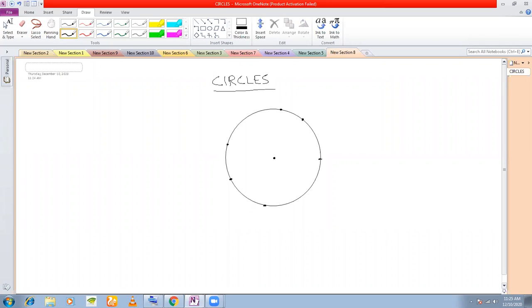Say this is your fixed point O. We call it the center of the circle. Any point that you take will be at a fixed distance from this fixed point.